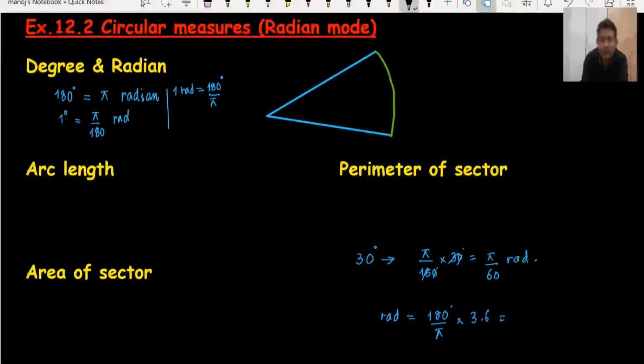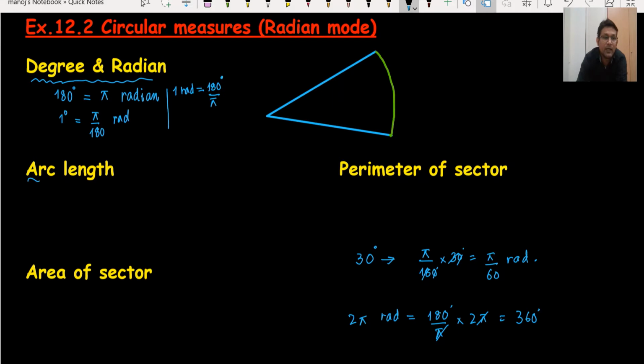Just suppose 2 pi radians. I will write 2 pi here. This pi and pi cancel out and the multiplication gives 360 degrees. This is the way we should know how to convert degree mode to radian mode for angles. So degree and radian we have done.